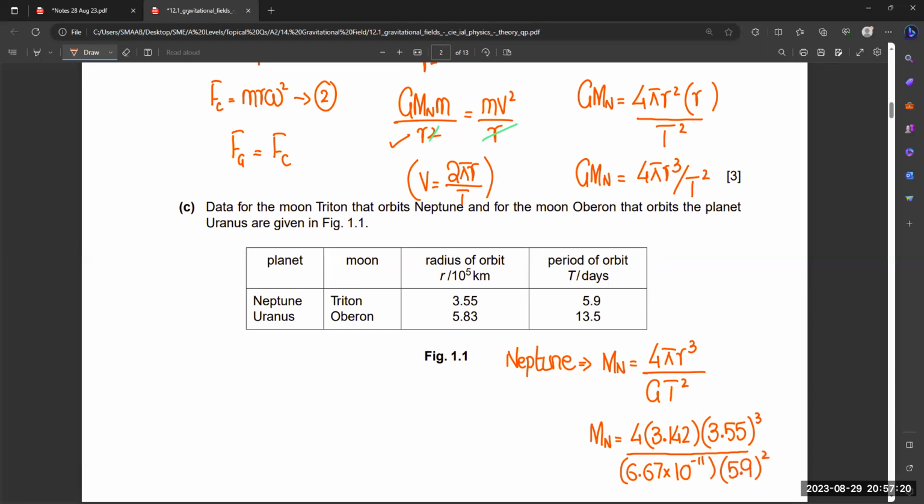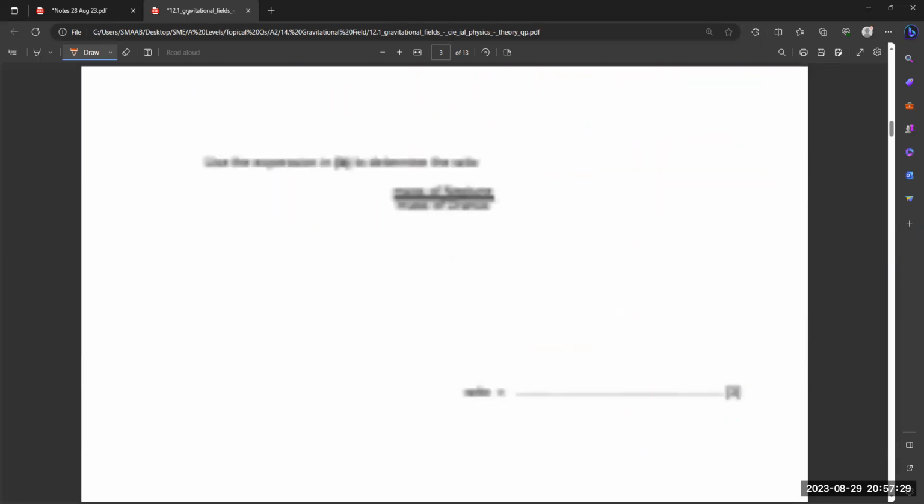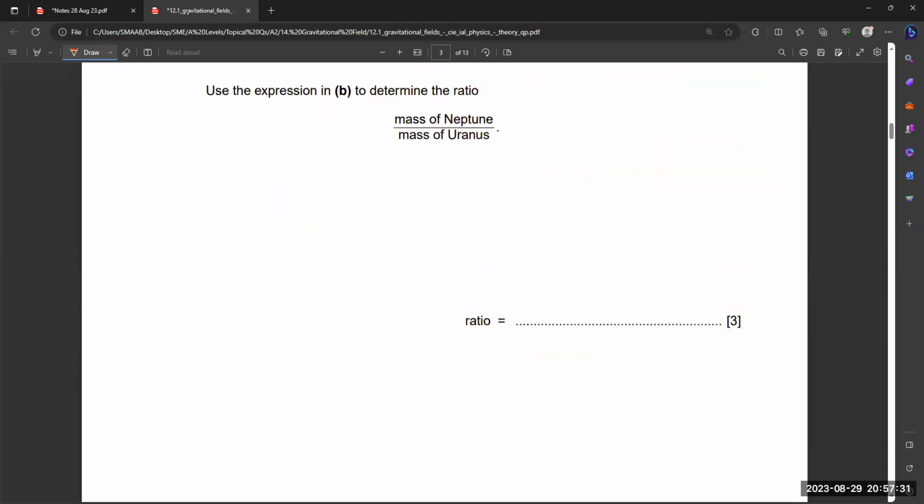So now you already got the concept of how to find their masses from the above equation. You just find the mass of Neptune and then the mass of Uranus, and then substitute the values of their masses and divide them, and you will get the ratio.